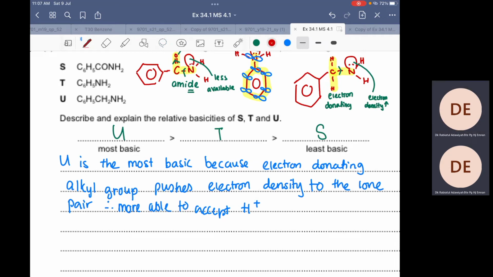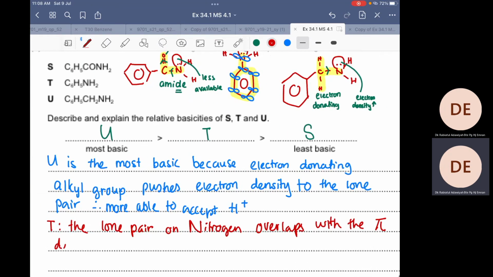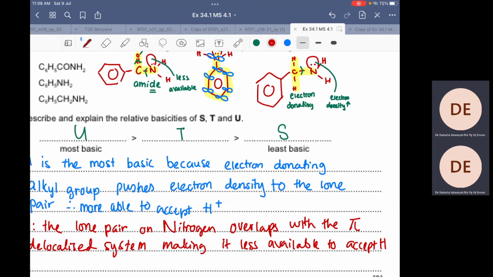Then we talk about the phenylamine T. For T, the lone pair on nitrogen overlaps with the delocalized system, making it less available to accept H plus.